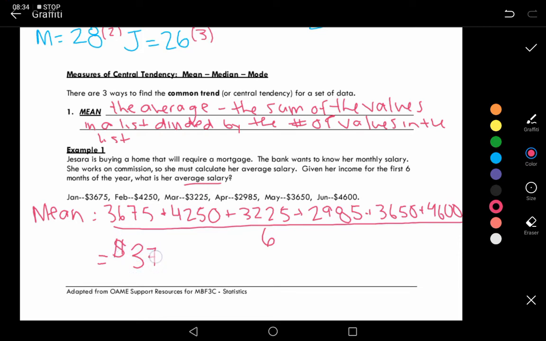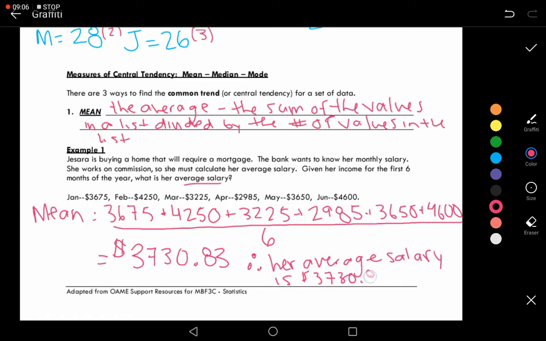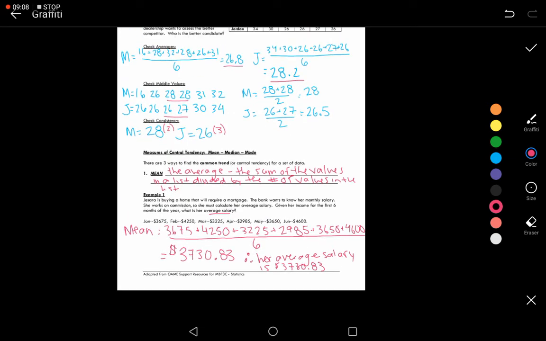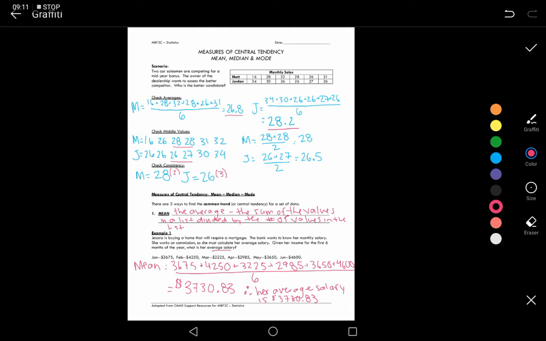You should get $3,730.83. So, on average, her salary is $3,730.83. Okay, so with those therefore statements, her average salary is that amount. This is a very useful tool to know how to use.